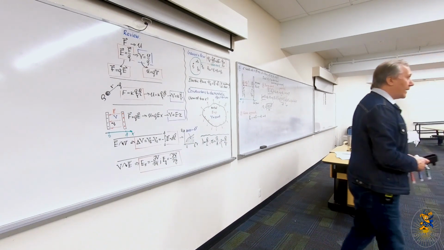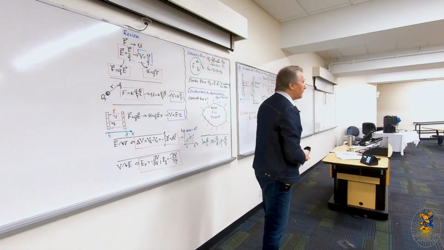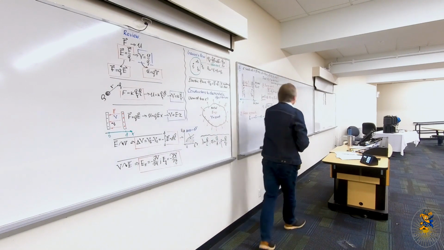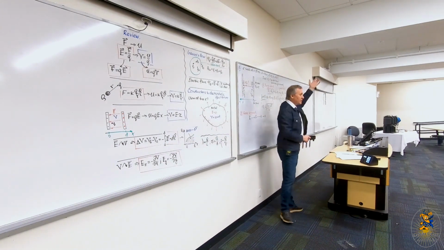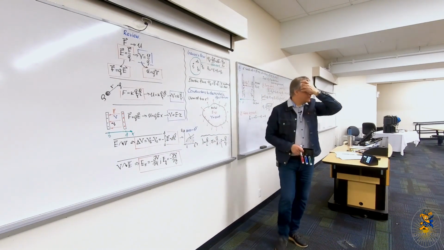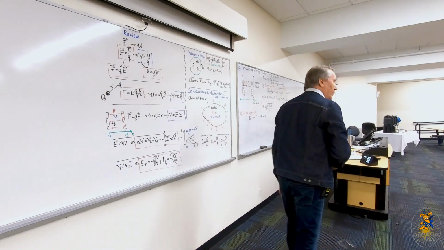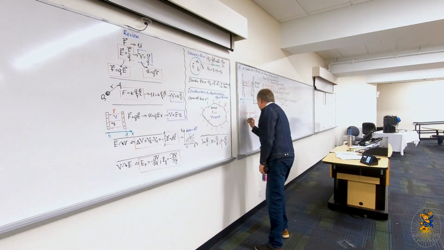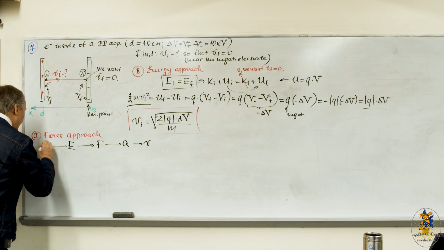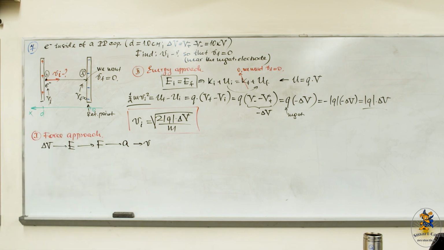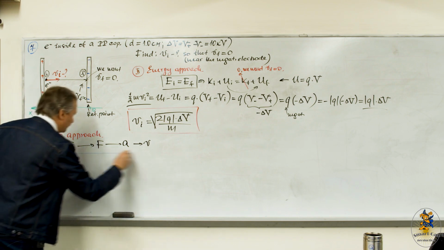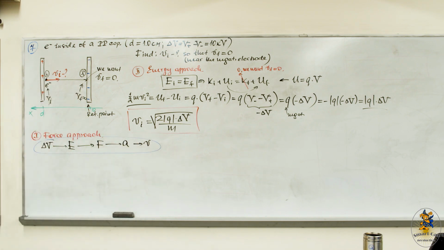And can we find the electric field from what is given? Potential difference is given, but we can easily connect the electric field with the potential difference. Okay, we will see the formula, right? But I'm sure that most of you remember it. So delta V. So that's the skeleton of the solution. So now let's do it.